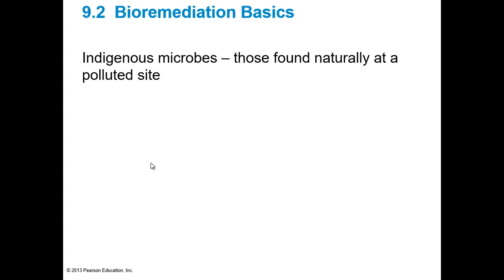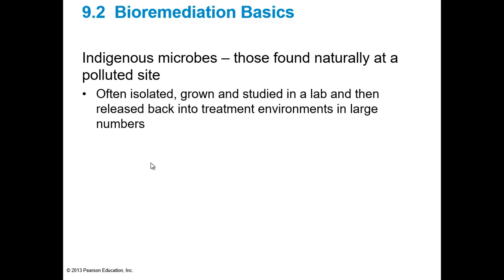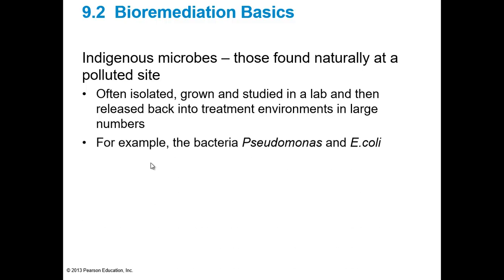So you can use this indigenous population rather than trying to inject microbes directly into the subsurface, which would be much more expensive. Sometimes you can grow and study them in the lab and then release them back into the treatment environment in large numbers. Other times you can do the whole thing in situ, where you just increase the numbers by stimulating the activity.